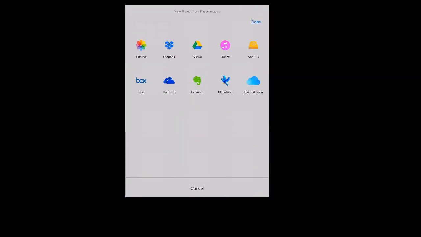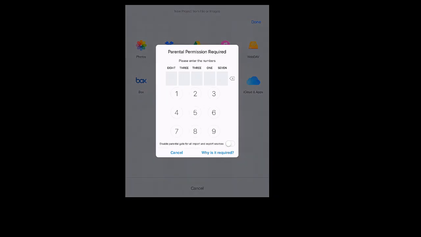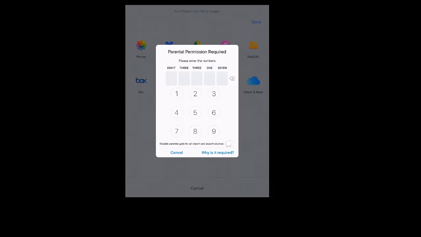I don't know where my screenshots go, maybe to my photos. Let me just set this up first.